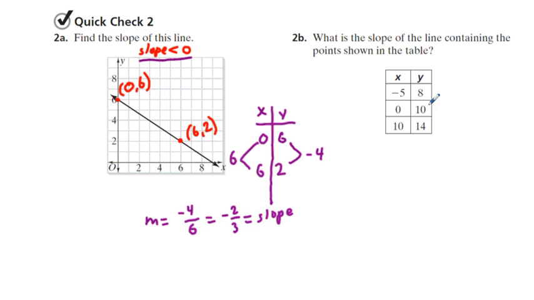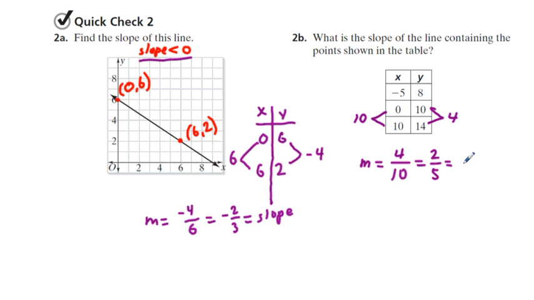Now this one on the right, we have this table. So we're going to choose 2 points. And 14 minus 10, that's going to be 4 on the right side. Left side, we have 10 minus 0, which is 10. So our m is going to be 4 over 10, which simplifies to 2/5.